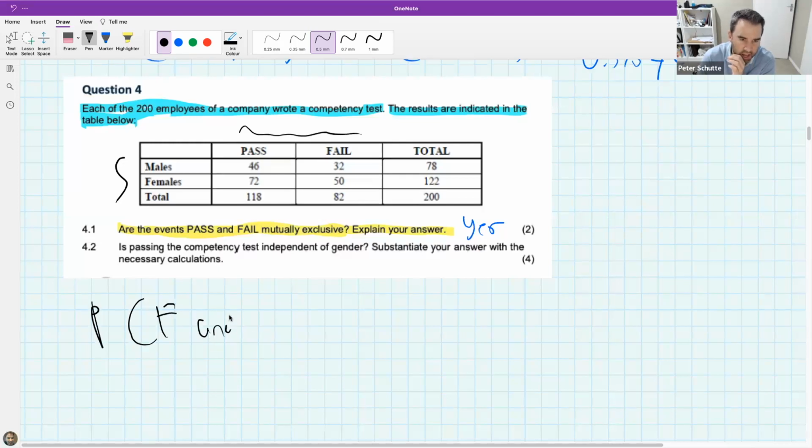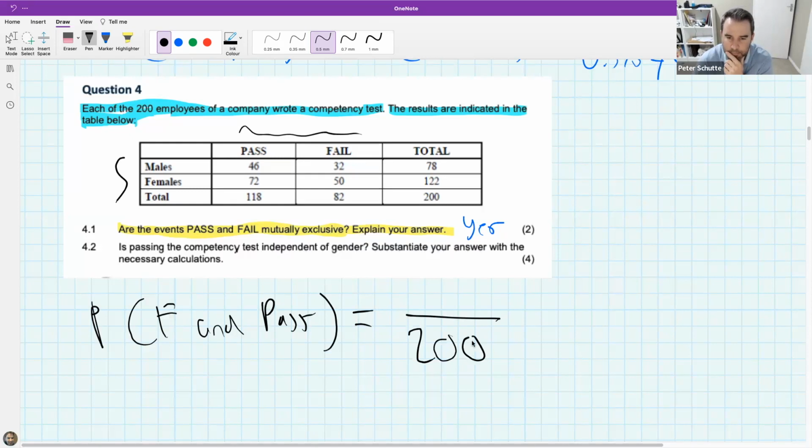And pass. Okay. So yes. What is your denominator going to be? 200. Absolutely. What is your numerator going to be? 72. Perfect. Love it. Okay, now what else do you need to find?